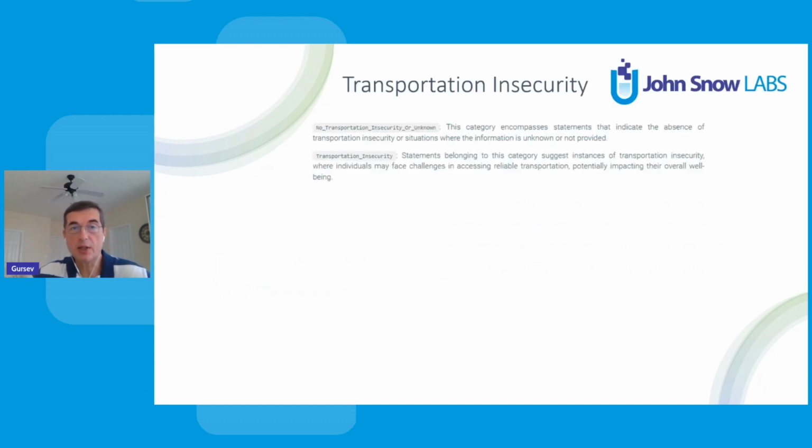So this time, starting with the labels, the first one is no transportation insecurity or unknown, which means that, okay, the patient is fine. He has public transportation, or he's driving, or someone is driving for him, or it's not mentioned in the text. And the second one is bad news, transportation insecurity, which may lead to medical problems.